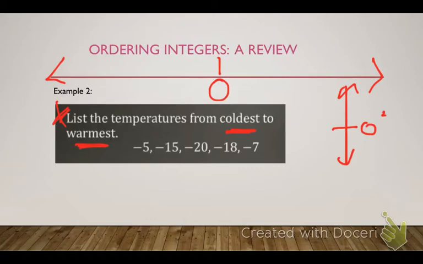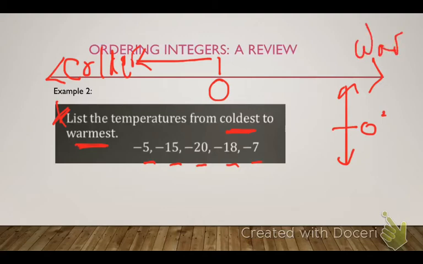But I'm looking at the coldest to the warmest, and I also notice that they're all negative temperatures. Now, to remember what I said before, the farther you go to the left, when you're talking about numbers, the smaller they become. Well, in temperatures, the farther to the left you go of 0, the colder it becomes. So my colder temperatures are all the way down here. My warmer temperatures are all the way up here.